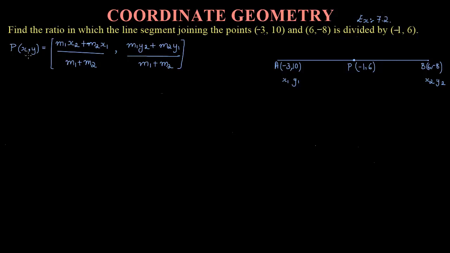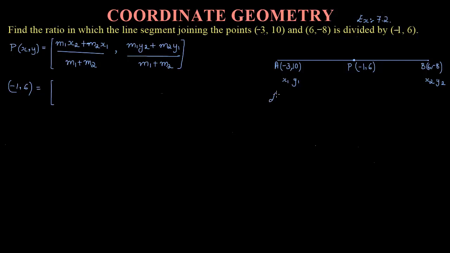Okay, so now the coordinate of this point they have already given. What is the coordinate of this point? It is -1, 6. So I have just substituted the same value. Okay, so now for finding the ratio, we don't know what M1 and M2 are here.